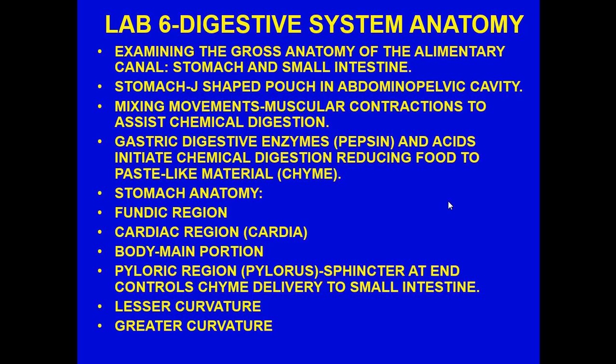Now, for the stomach anatomy, different regions are referred to by particular terms, so we want to be familiar with them. You have the fundic region, the cardiac region, otherwise known as the cardia, and the body, which is the main portion. The pyloric region, which is also called the pylorus, is a sphincter at the end that controls chyme delivery into the small intestine.